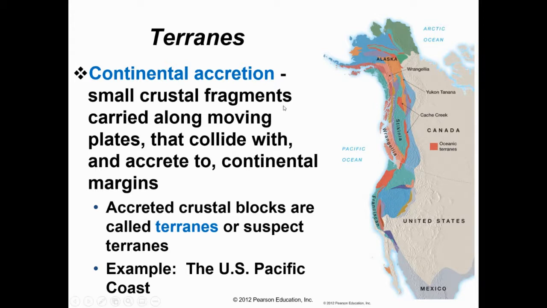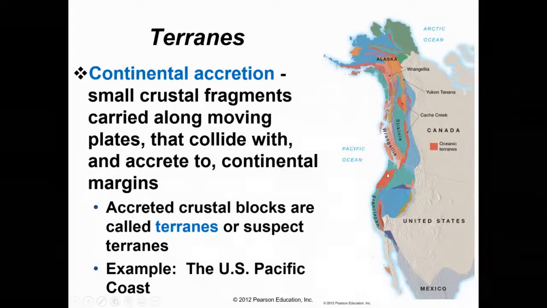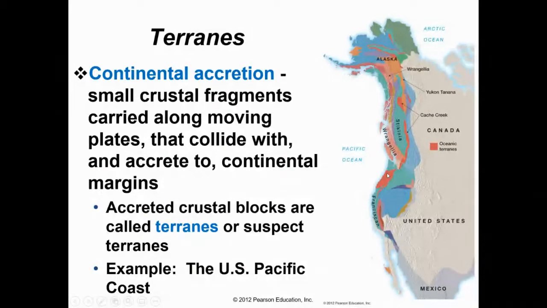You have all these tiny little islands, like old volcanic island arcs, little volcanic islands out in the Pacific. The Pacific plate is moving all of those islands very slowly to the east, where eventually those little chunks of land will get smashed up against the west coast of the US.